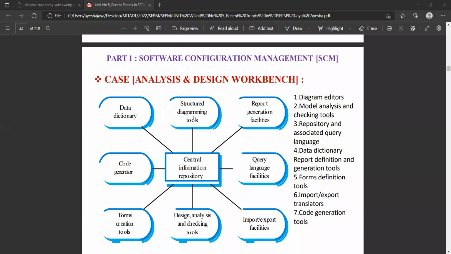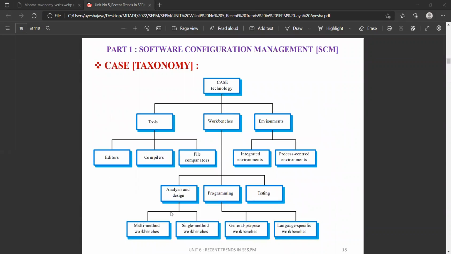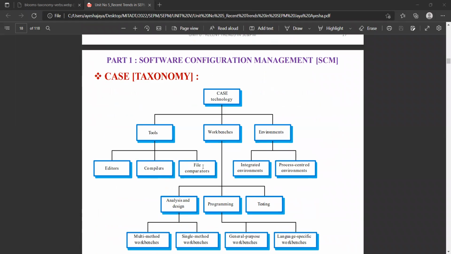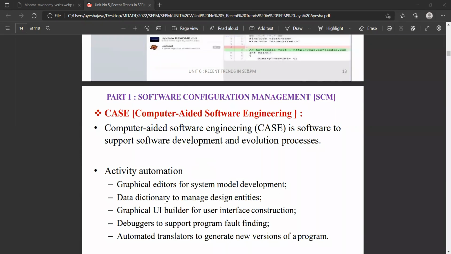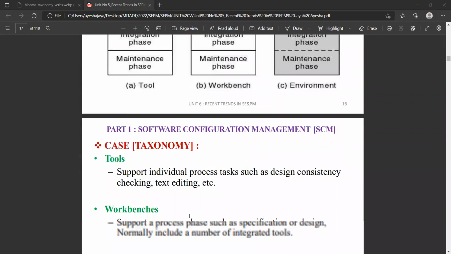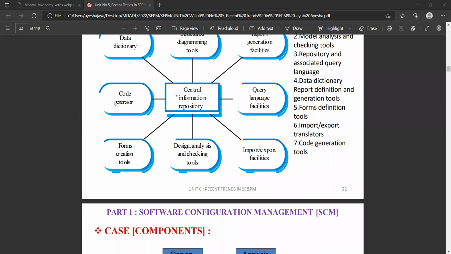Now, as I always say, whenever you write a theory paper, or even during presentations, or whenever it is required to explain a topic, you should always prefer examples and diagrams. So whatever is written over here initially, these points, this is also a diagram. The same visual representation of the points mentioned here is shown with different connections through the repository system, because here the focus is your entity.